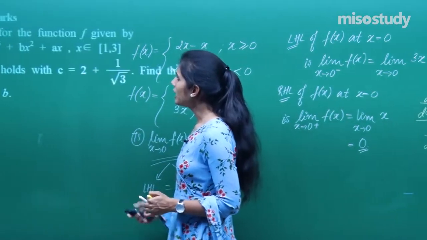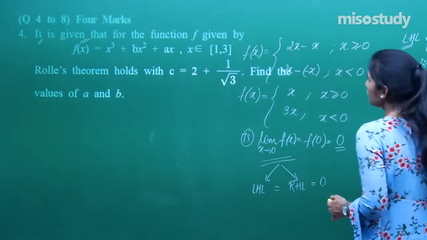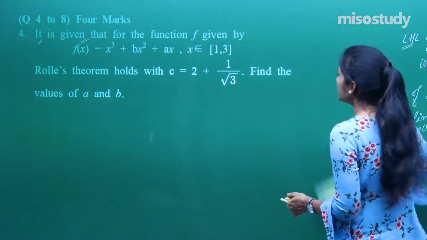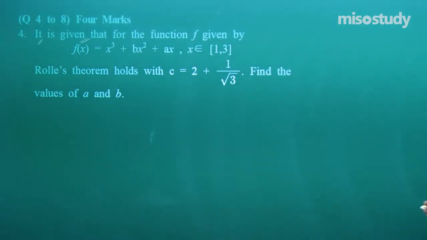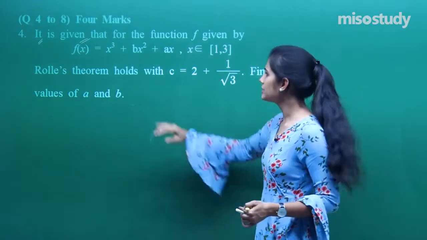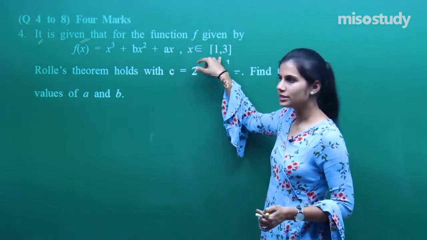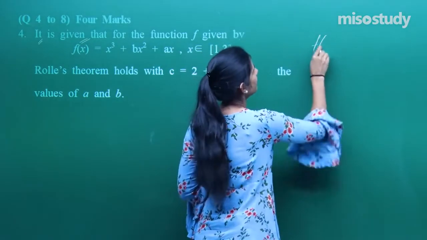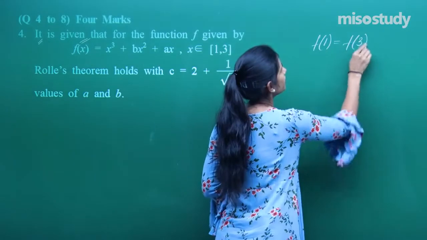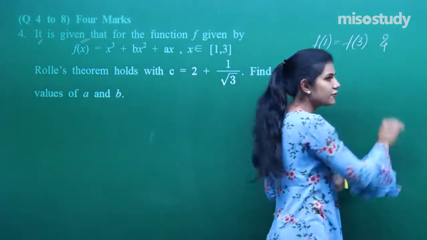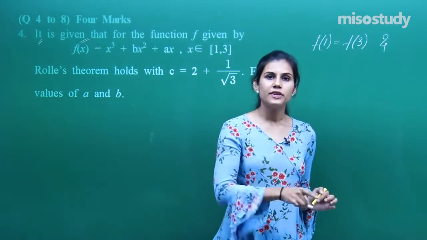Moving to the next question we have, it is given that for this particular function, Rolle's theorem is satisfied for this given value of c. Find the value of a and b. If it is already being given that this function is satisfying Rolle's theorem on this interval, that means this function is continuous in this closed interval, this function is differentiable in this open interval, f of 1 is equal to f of 3, all this is holding for this function, and there is therefore existing a c for which f dash c is equal to 0.